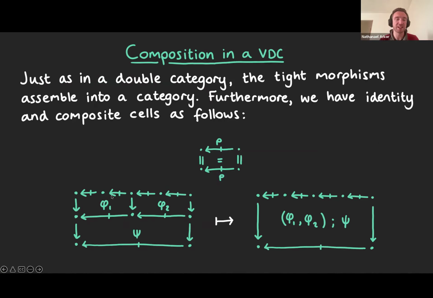Here I've just illustrated the structure of composition for binary multimorphisms or binary multi-cells. But in general, we can have any finite n for the number of loose morphisms in the domain. So again, the precise structure is not so important, but this intuition that virtual double categories are a many object notion of multi-category will be the intuition that we need.